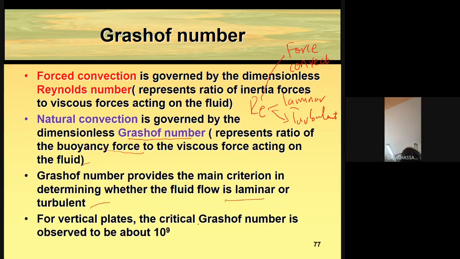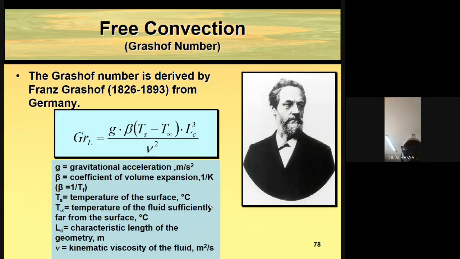For vertical plates, the critical Grashof number is 10 raised to the power 9. Okay, so now this Grashof number is governed by this equation. Grashof number equals gravitational acceleration constant, the volume expansivity coefficient of the fluid, then the temperature difference, and then the characteristic length, divided by the kinematic viscosity.